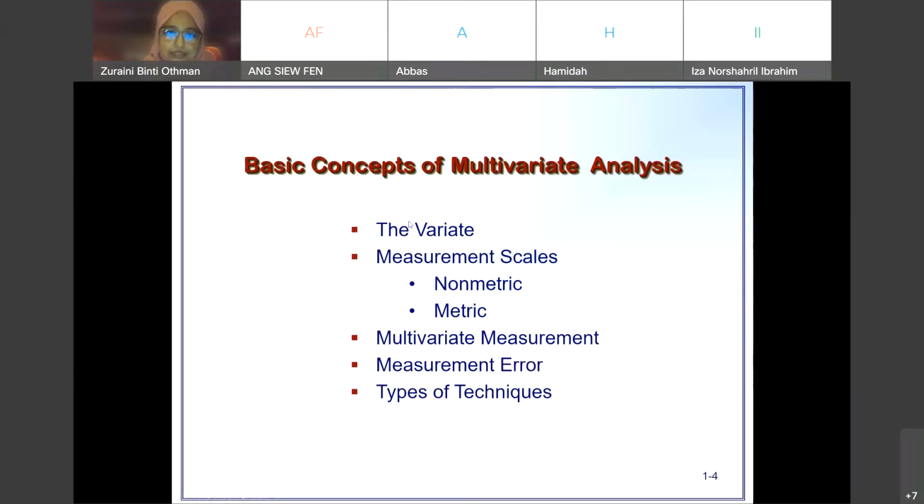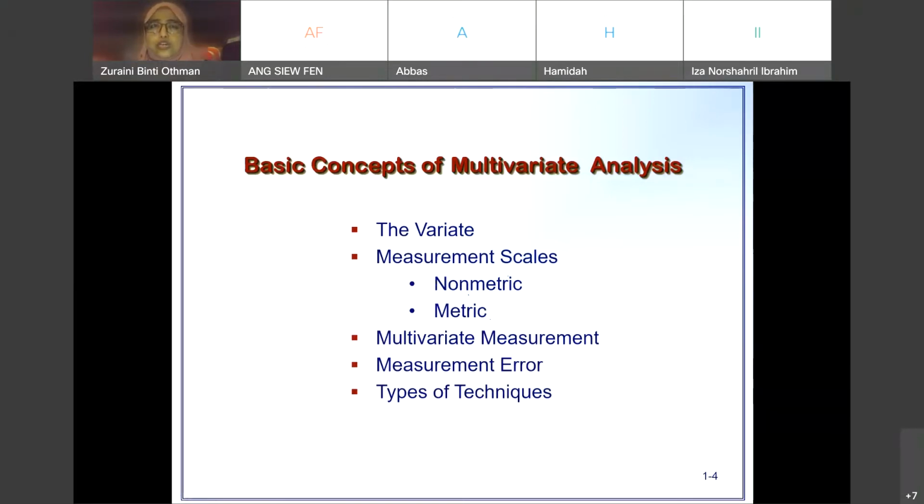This is the basic concept of multivariate analysis. The basic things that you have to know are the variate, and the measurement scale, which is non-metric and metric. Other than that are multivariate measurement, measurement error, and types of technique. Actually, this chapter is an introduction to multivariate analysis.